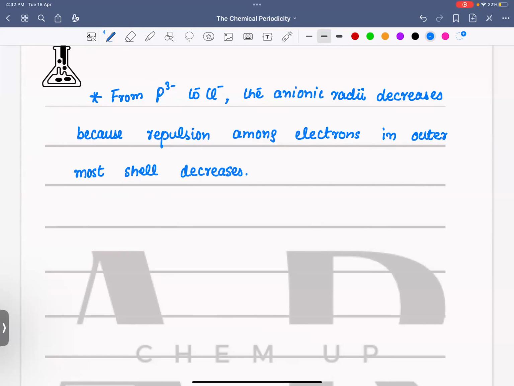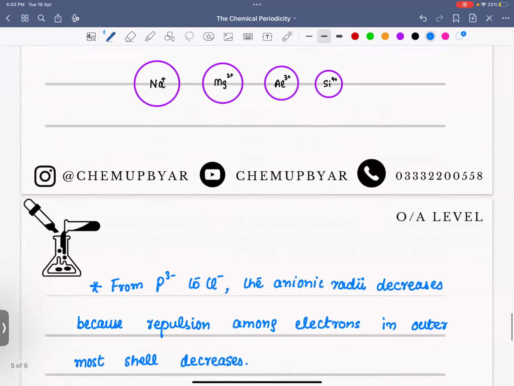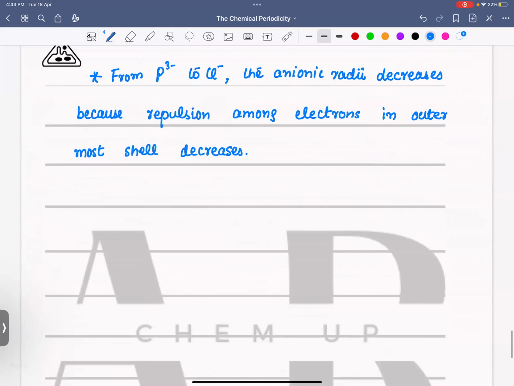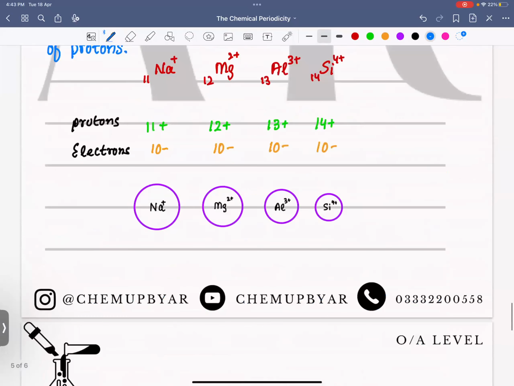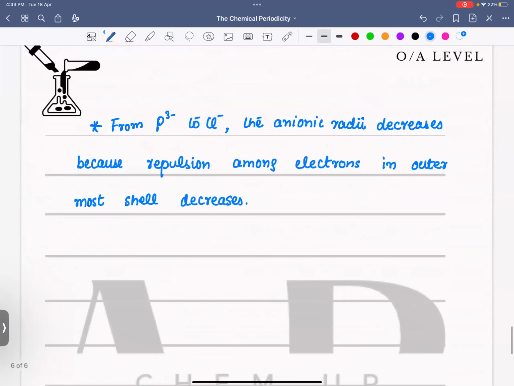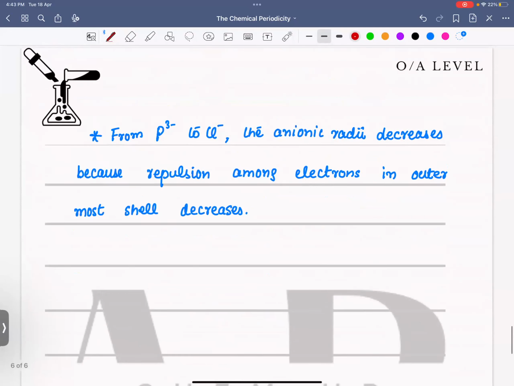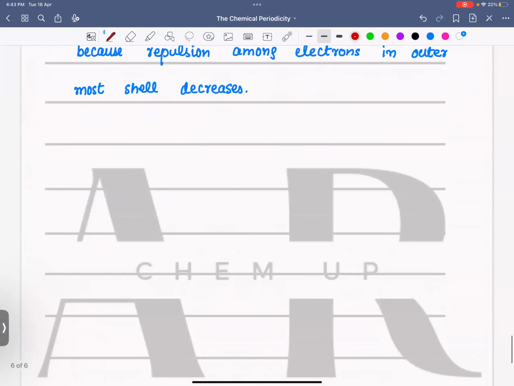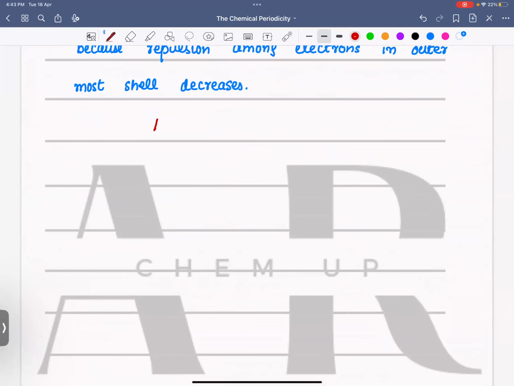Okay. And what is the repulsion and how is this repulsion between the electrons decreasing? Let me explain it to you. So if we compare again, now we are comparing the rest of the three elements' ions, which would form anions.